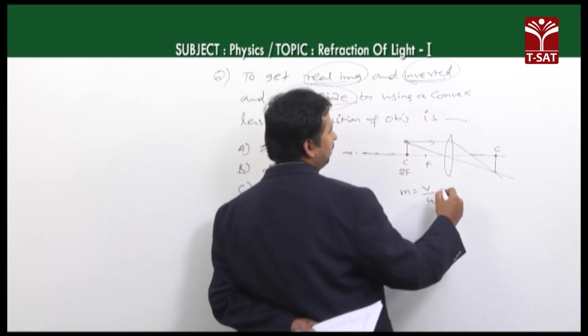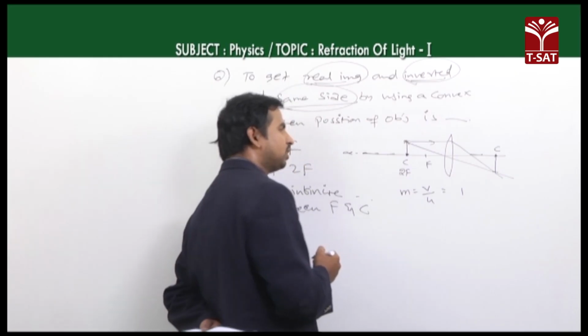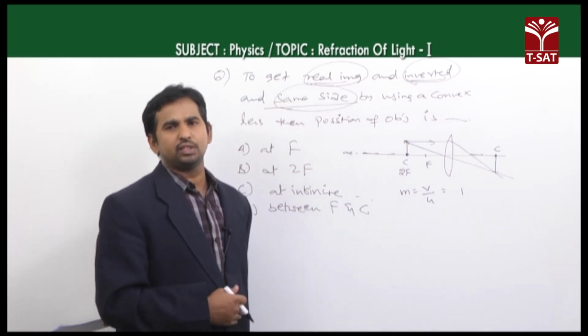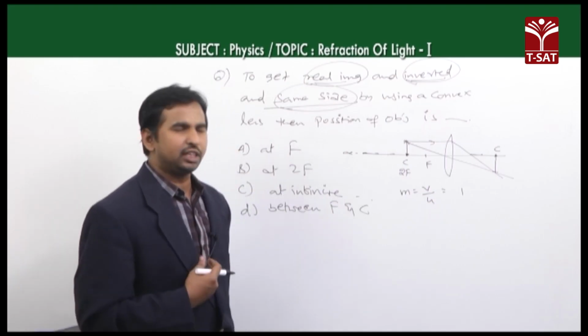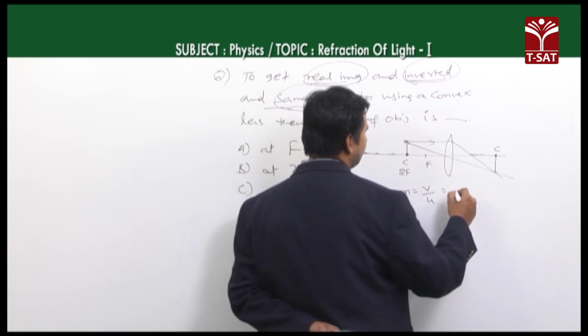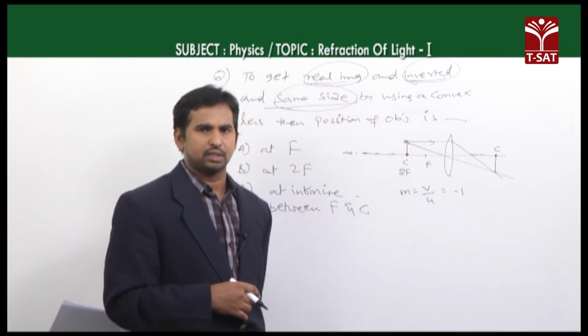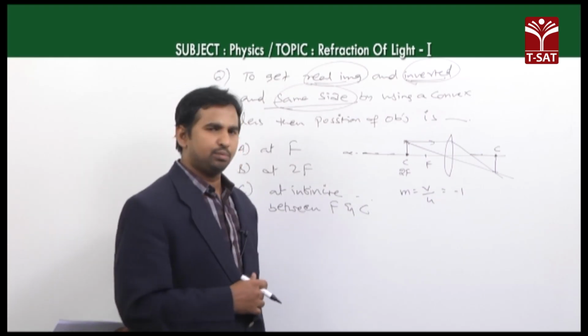Here the object distance and image distance are the same. That's why the magnification becomes 1, which means the image is of the same size. As it is forming an inverted image, we get m is equal to -1, where inversion takes place. That minus represents that the image formed is an inverted image.